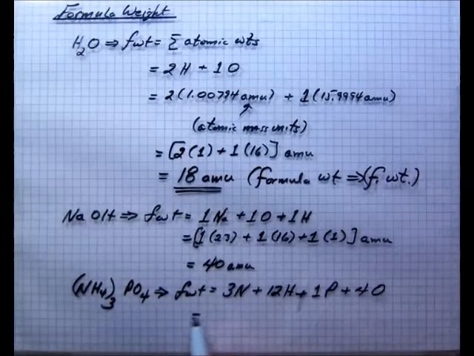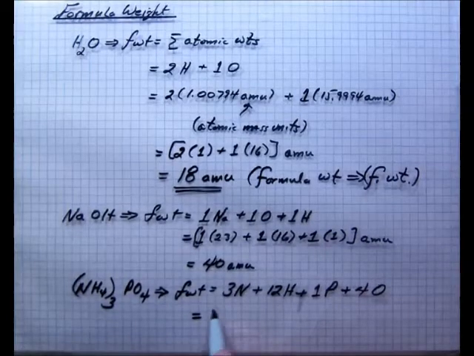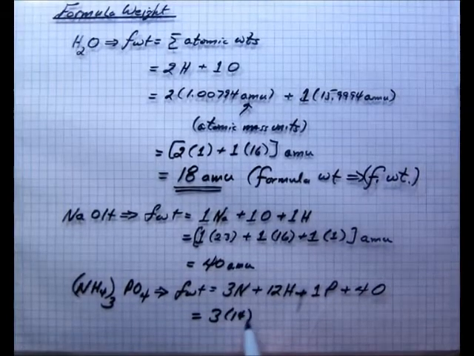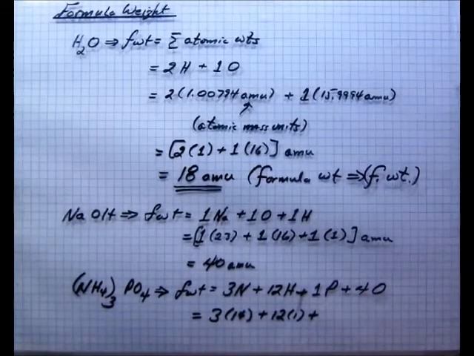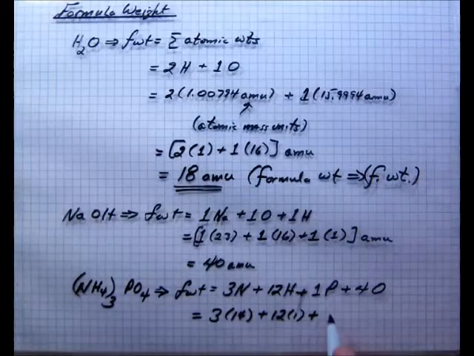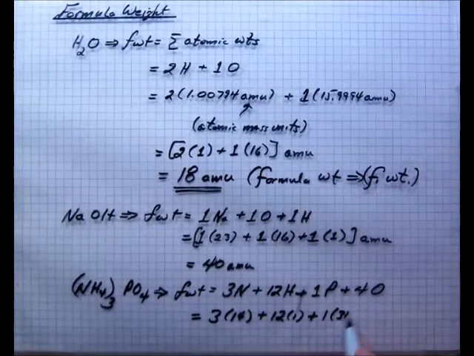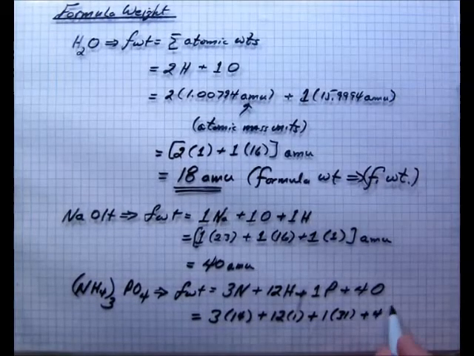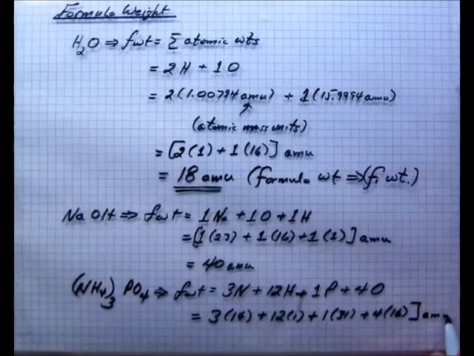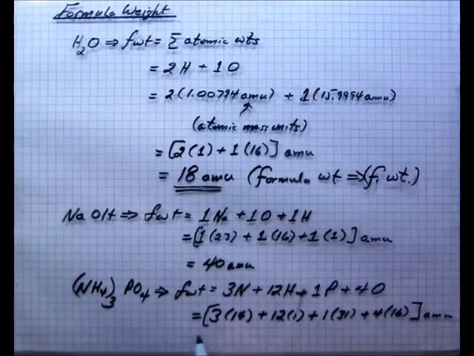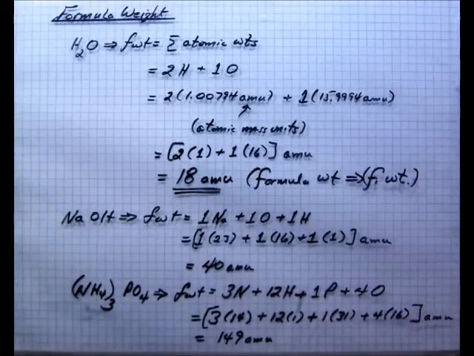Adding them together, or substituting the atomic mass values, 3 times 14 plus 12 times 1 plus 1 times 31 plus 4 times 16, in AMUs.